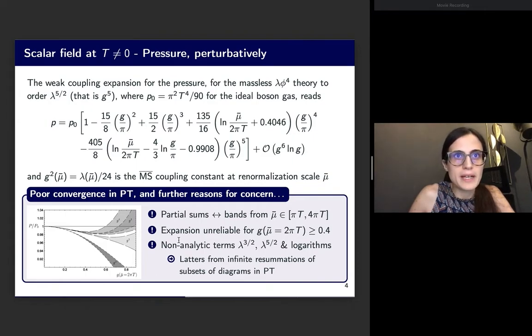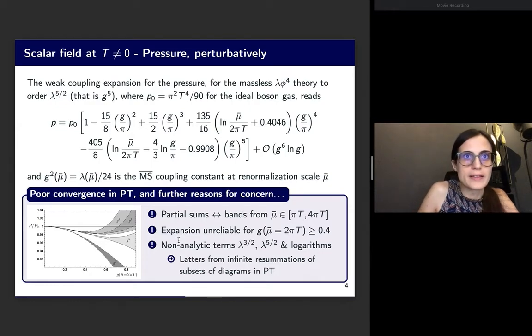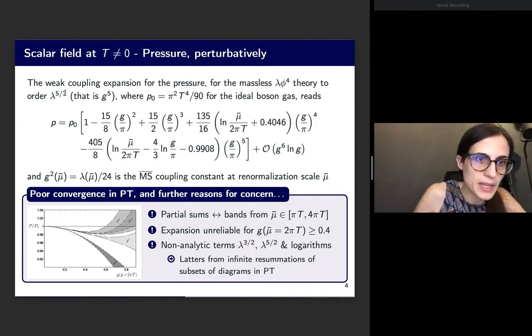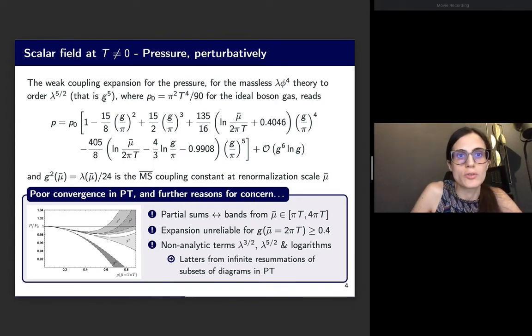Okay, with that in mind, let us move on to the pressure in the case of the scalar field theory, and in particular to an attempt at determining it perturbatively, to see how reliable a result we can get at some given order in perturbation theory, or in the weak coupling expansion. In particular, now we consider the lambda phi to the 4 theory, and there are results in the literature for the weak coupling expansion of the pressure to order lambda to the power of 5/2, which is g to the power of 5.